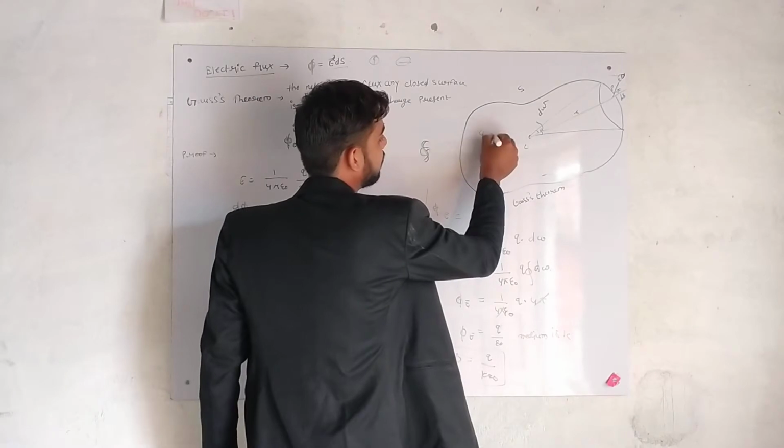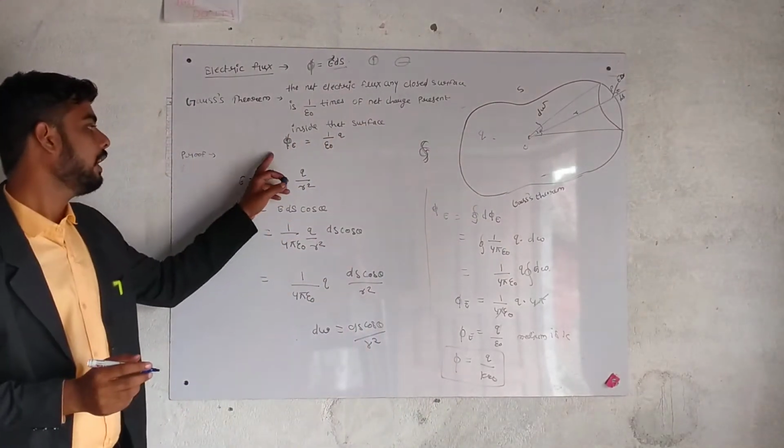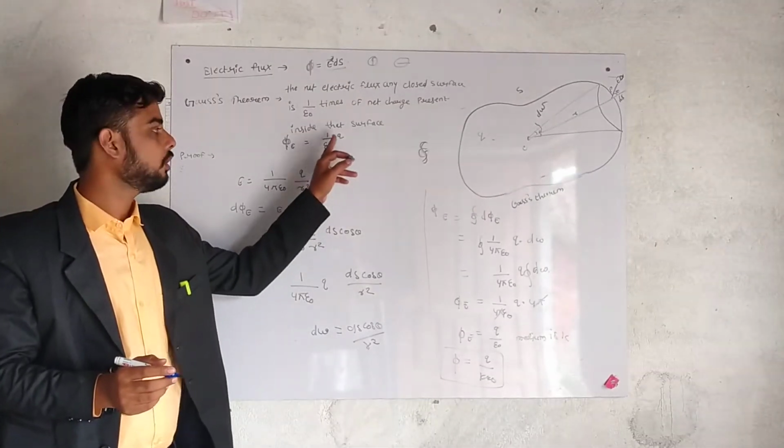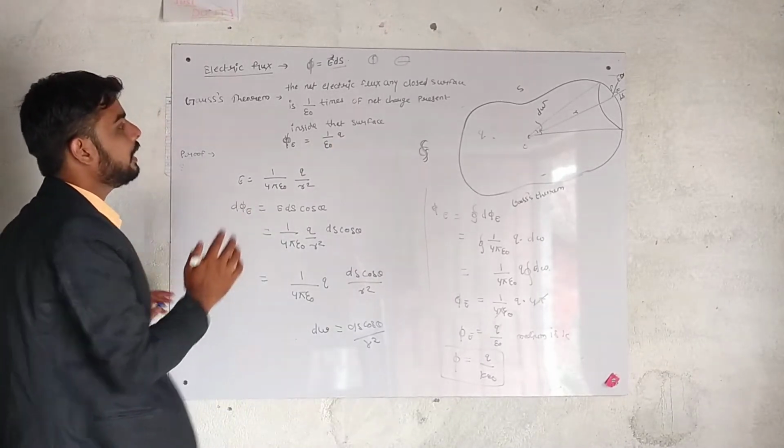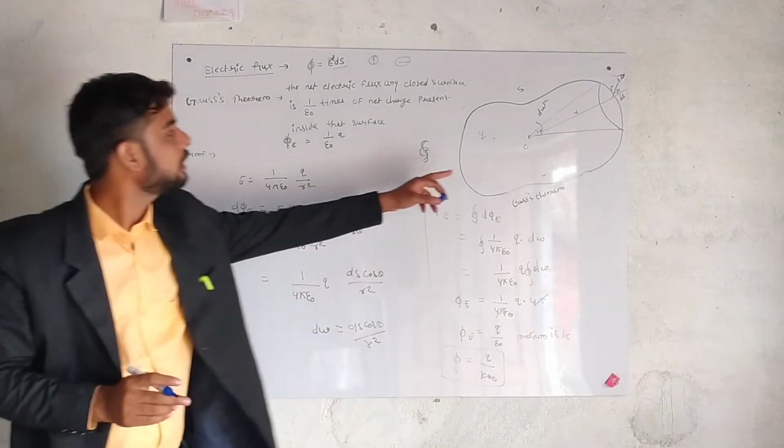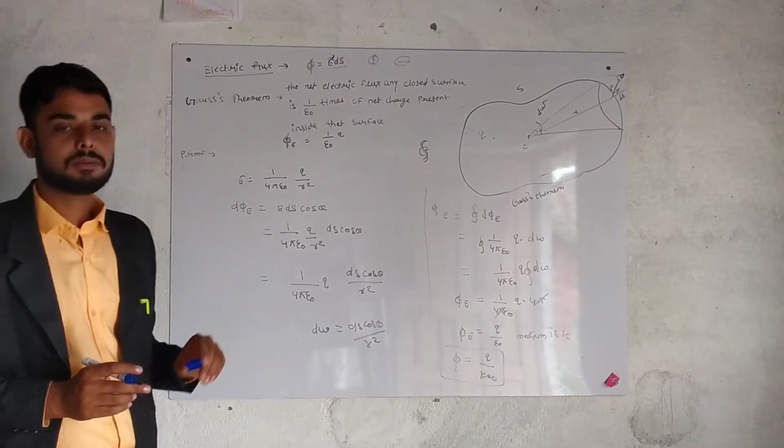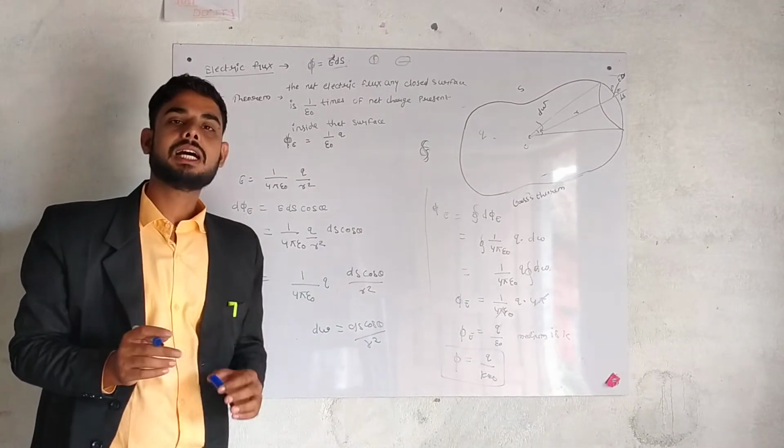If the charge is Q, then phi E equals 1 upon epsilon naught into Q.